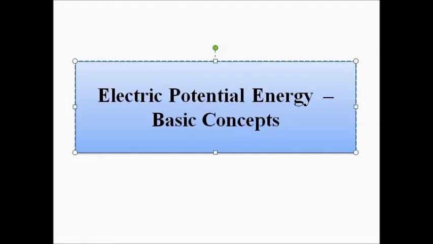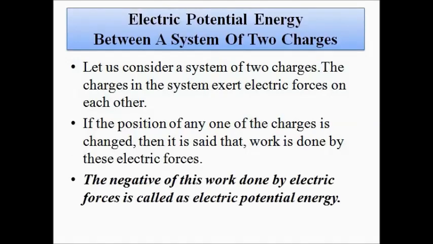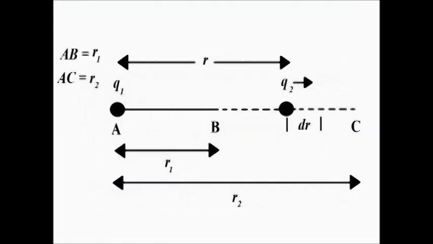So what is electric potential energy? Let us understand that first. Let us say we have a system of two charges Q1 and Q2. Q1 is located at point A and is fixed. It does not move.